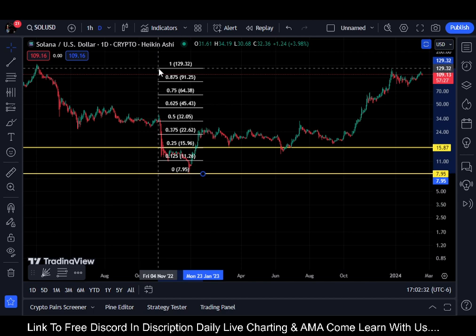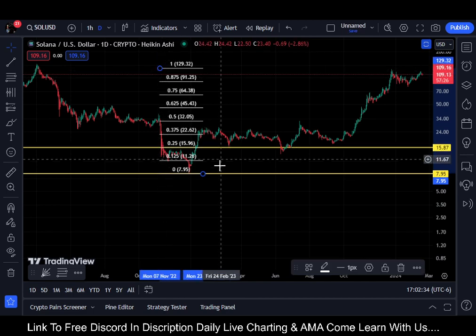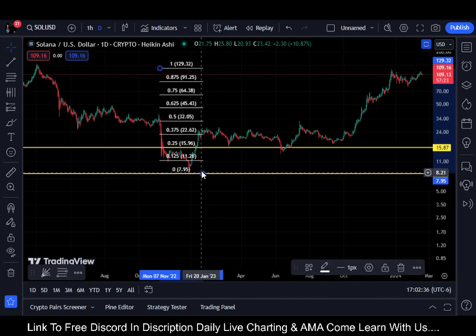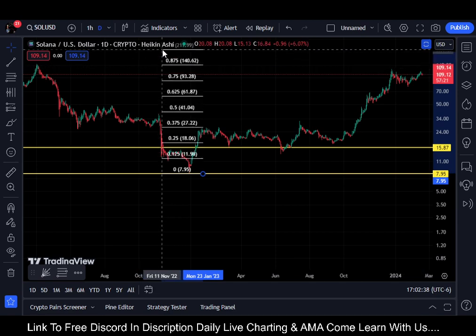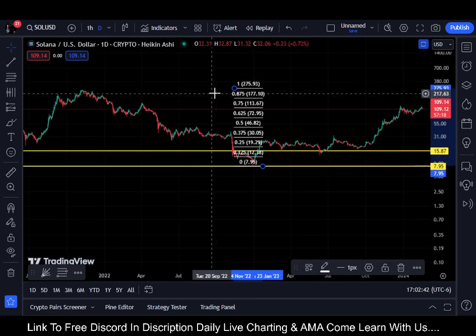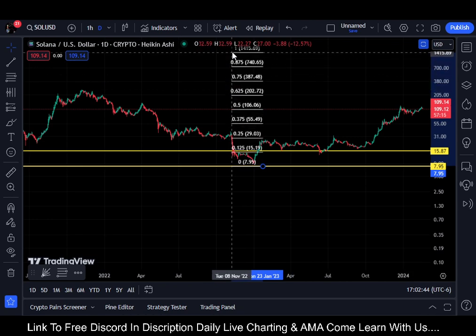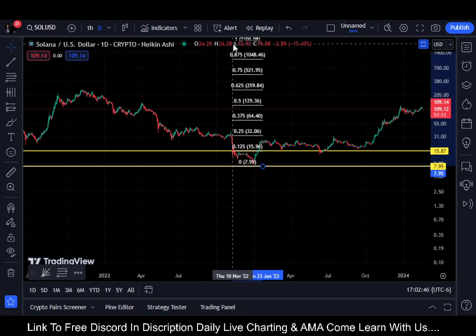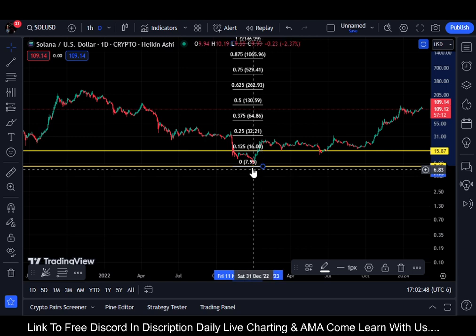So let's take this first $8 range. So here we came up. We want this first line at $16. And these will be all evenly spaced apart. So here's the $8 low, here's $16.